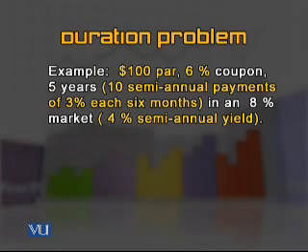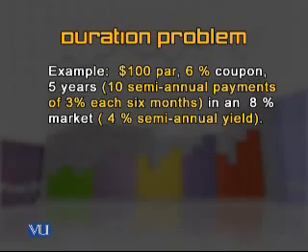When we're talking about 5 years, we're technically also talking about 10 semi-annual payments, because you have 6-monthly payments. So in 5 years you'll have 10 periods, and you'll have payments of 3% each 6 months.